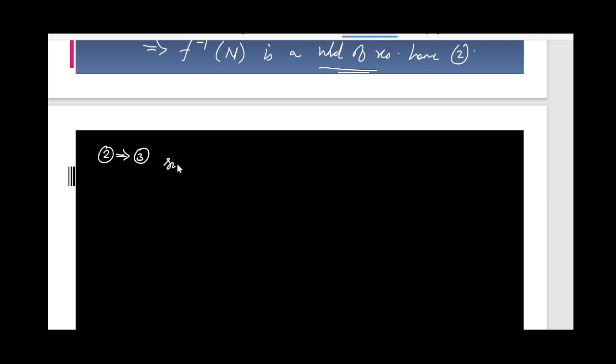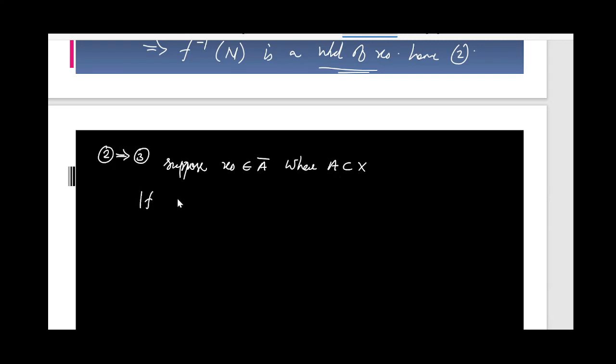Suppose x naught belongs to A closure where A is a subset of X.